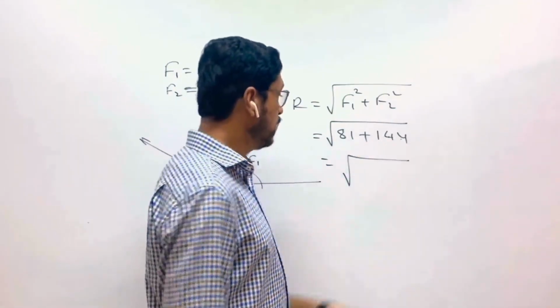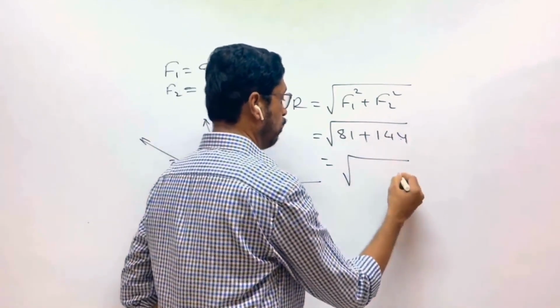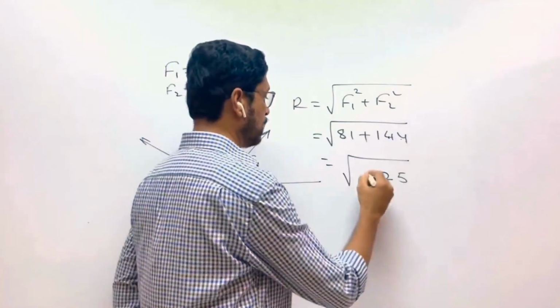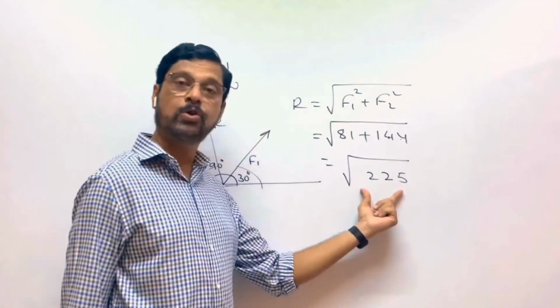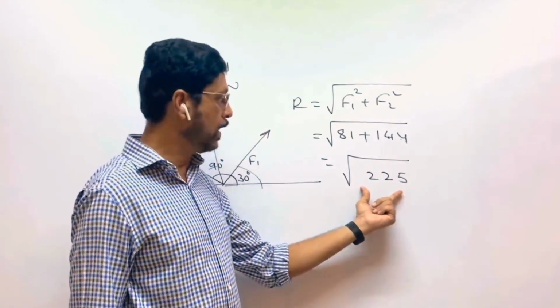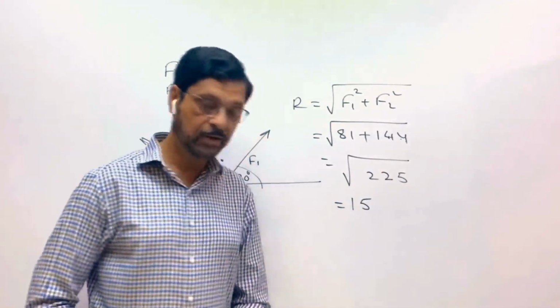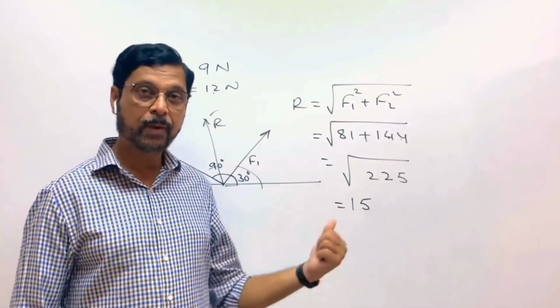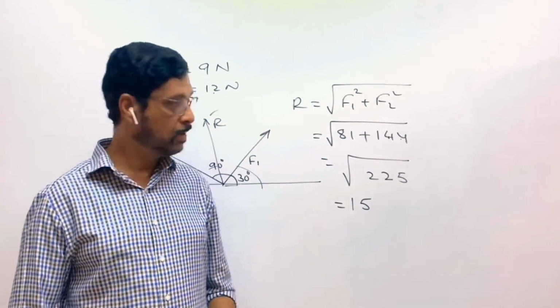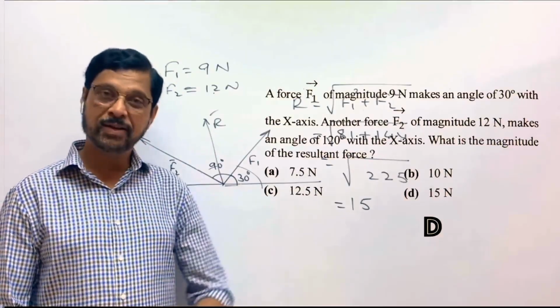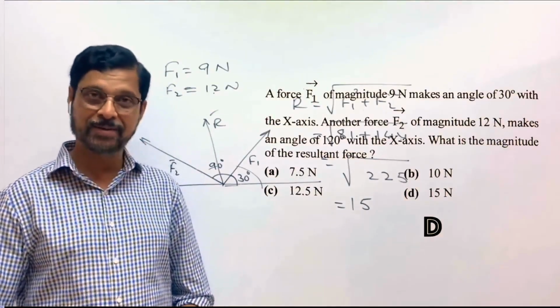So addition of these two, 4 plus 1, 5, 4 plus 8, 12, carried 1, 1 plus 1, 2. Root 225. And what is square root of 225? That is 15. So the resultant will be 15 Newton. Check the options. Which one it is? It is option B, 15 Newton.